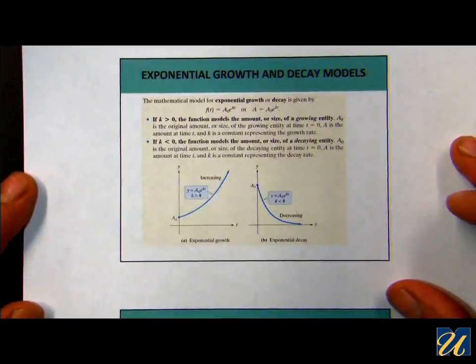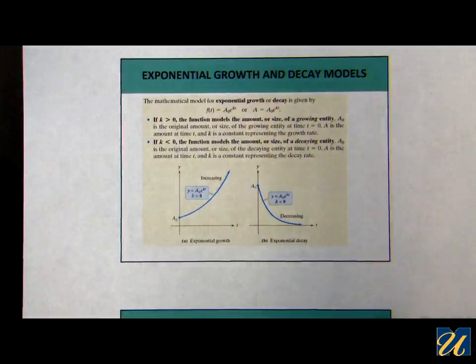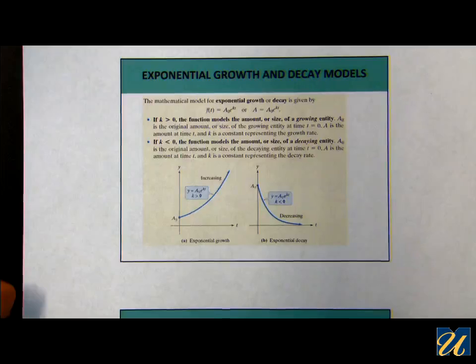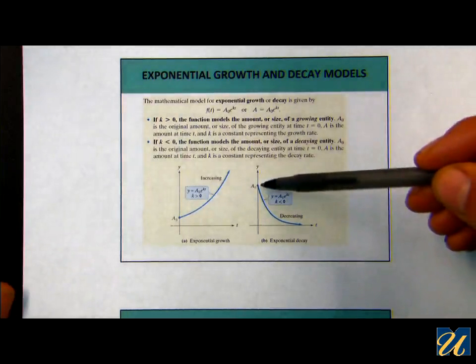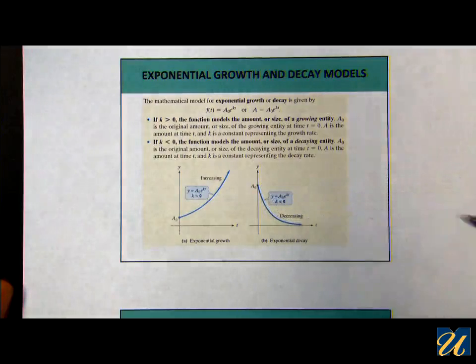Exponential decay works the same, except the value in the exponential model, k, is now negative, and that makes the curve decrease. We still begin at the initial quantity A0, and we decrease as time goes on.